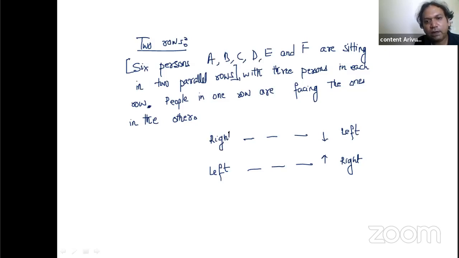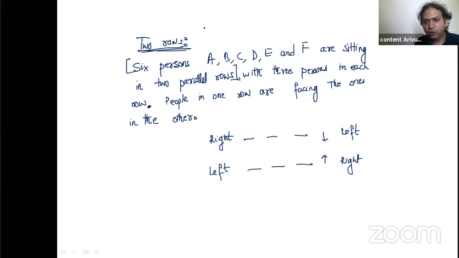Always, every time you will have the same structure, no change here. Look at the initial condition: 6 persons, A, B, C, D, E, and F are sitting in two parallel rows with 3 persons in each row, facing each other. That gives you complete clarity on how we are going to approach. The moment we read the question, we know.